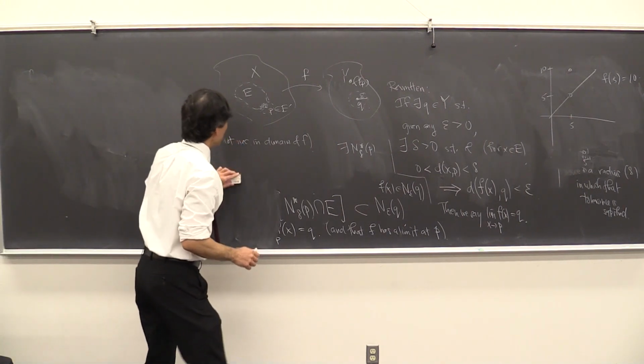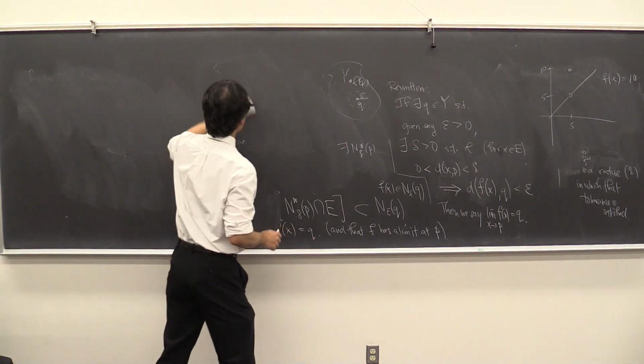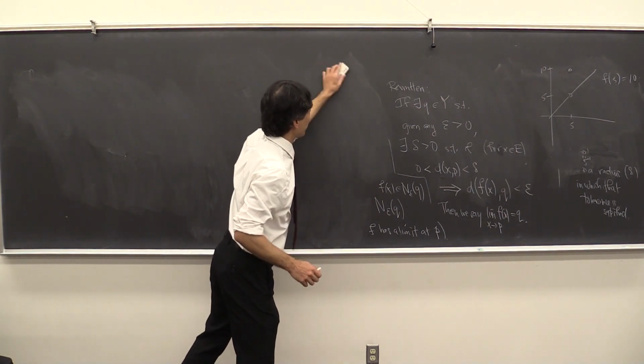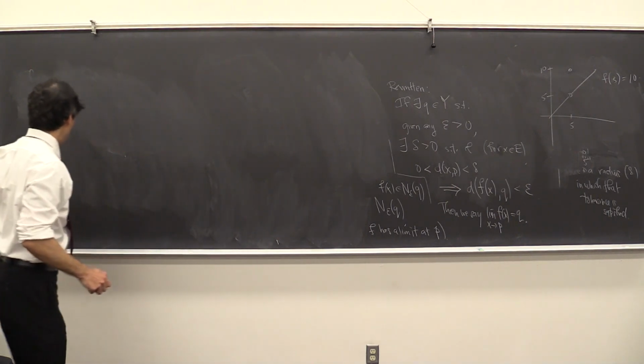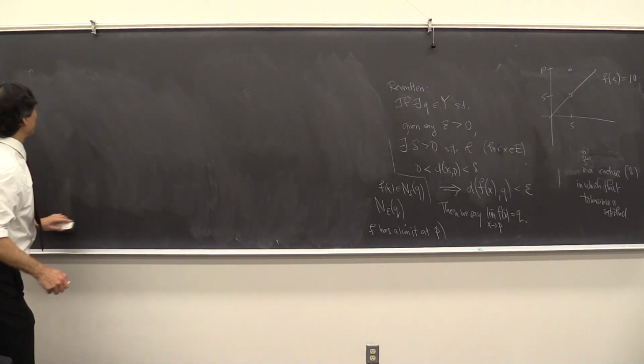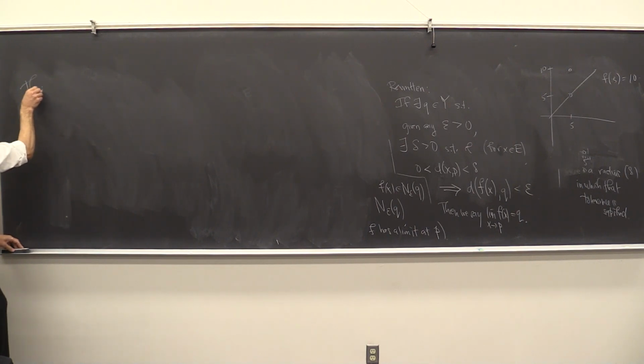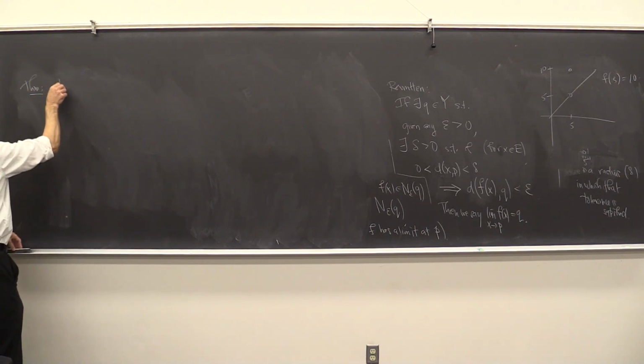Now let's see how we use this definition to prove some of the basic facts of limits. First off, theorem: limits are unique.